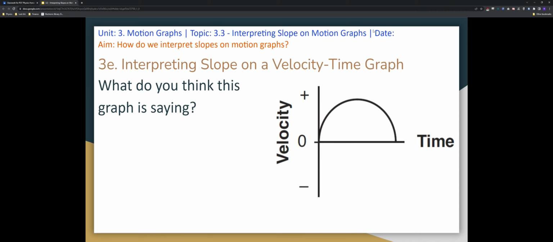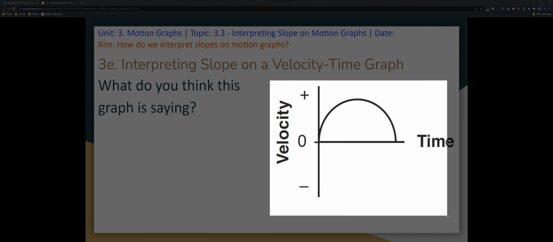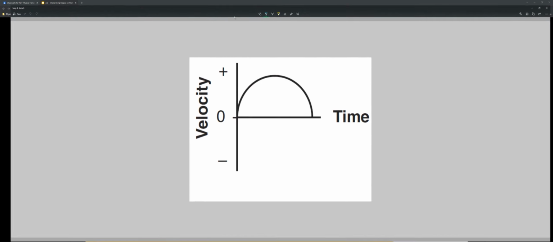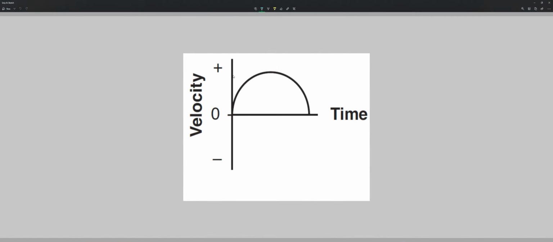What do you guys think this graph is saying? This graph is saying that your velocity increases, and then it's coming to its max velocity of, I don't know, like 5 meters per second, and then it's slowly slowing down as it goes back to 0.